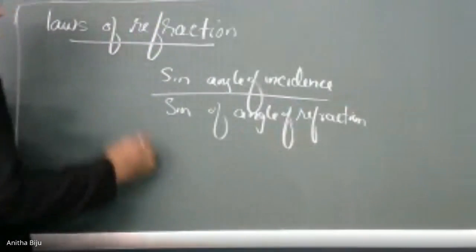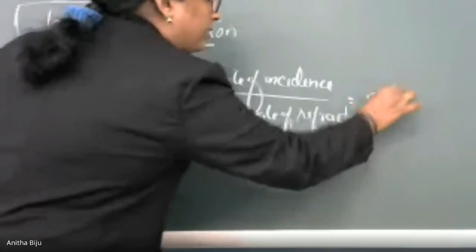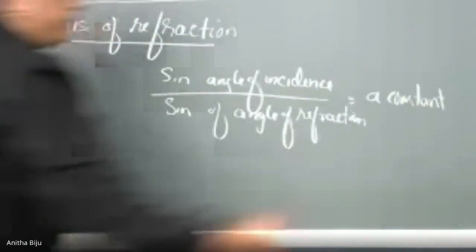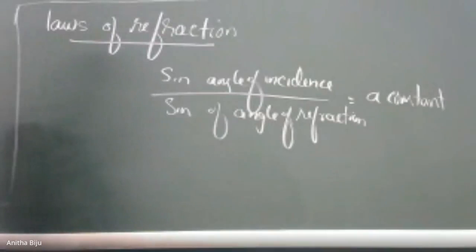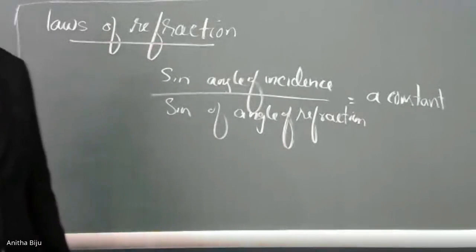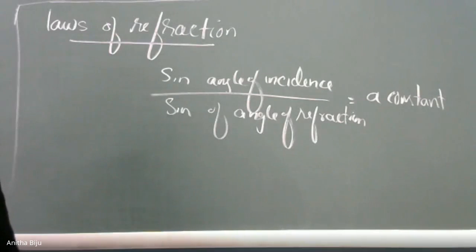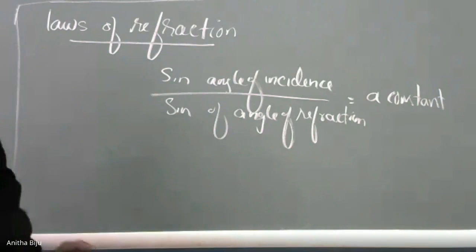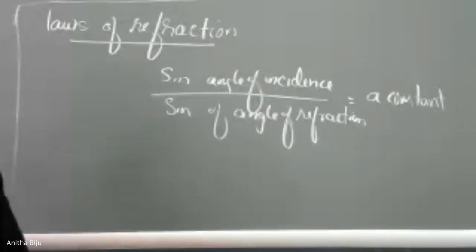It is a constant. This is the second part of the law. What is the second part? The ratio of sine of angle of incidence to the sine of angle of refraction is a constant for the light of a given color and for the given pair of medium.